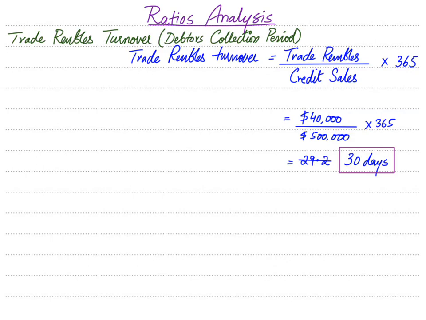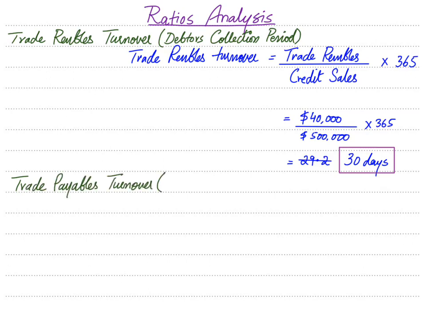If the stated policy is 30 and the customer is taking 60 days to pay, this is clearly not good. This will affect our liquidity and we'll suffer many problems due to bad debt. And if the customers are paying us within 5 days, but we are allowing them credit of 30 days, this is also not good, because the customers will be annoyed and they will be poached by some other suppliers. So this is basically trade receivable turnover.